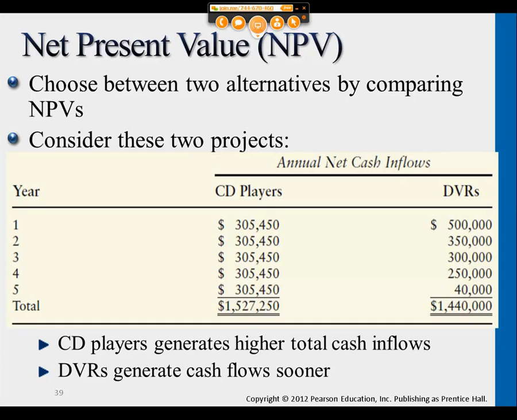So by installing the machinery for CD players versus the DVRs, these are the payments that I'm making. And at the end, when I start to produce that product, that cash inflow is what I want to understand: the net present value of that cash. Make sense? So let's see how we account for this new model.